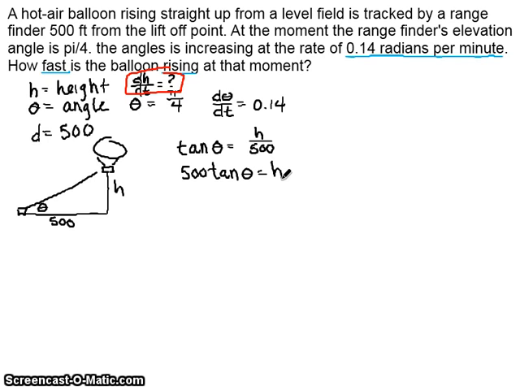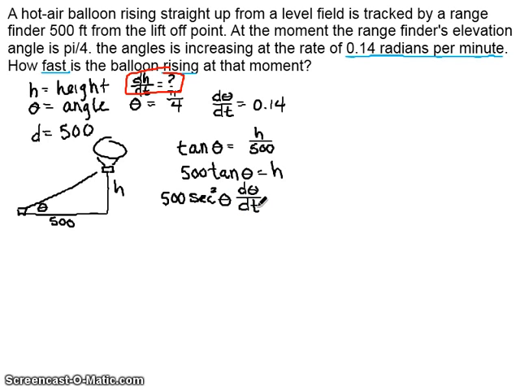So the next step is to differentiate both sides implicitly with respect to time t. So the derivative of 500 tangent theta is going to be 500 secant squared theta. Then we have to say d theta dt, because we took the derivative of theta with respect to time t.